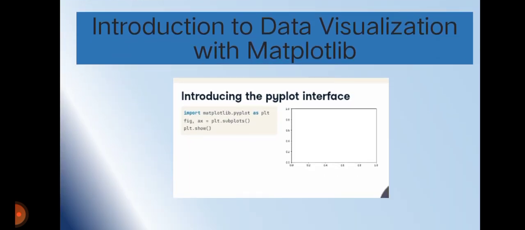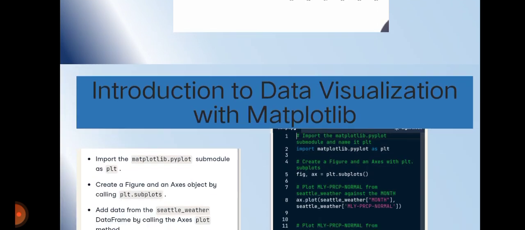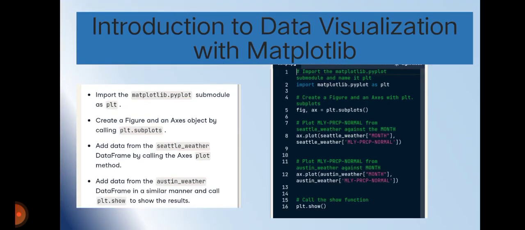Introducing the pyplot interface. For this, we have to import Matplotlib as we have done in our previous courses, and show our plot. But in the pyplot interface, we also have to create and plot subplots. For the example, we first import the Matplotlib submodule as plt.